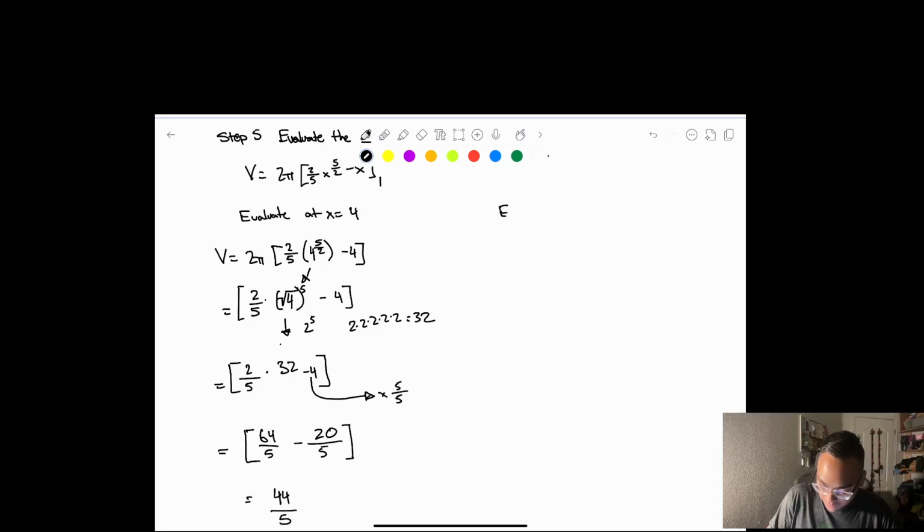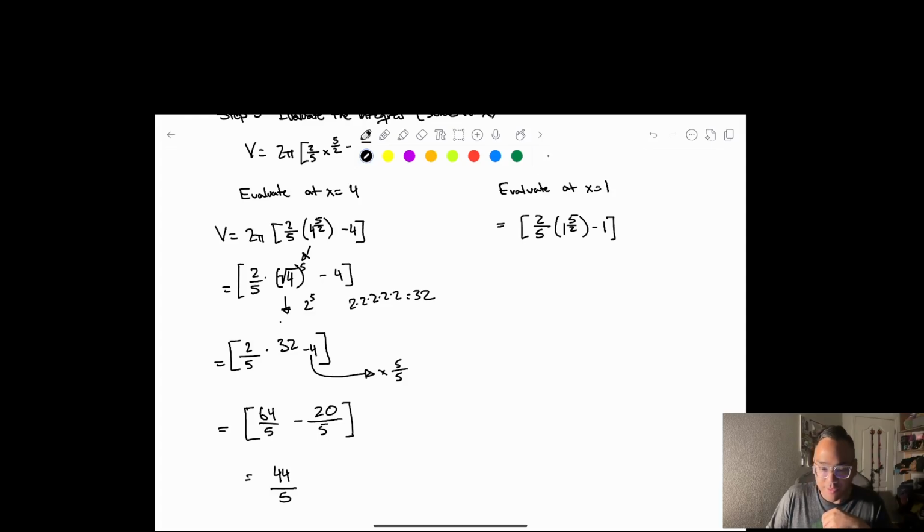And then we have to evaluate at x is equal to 1. So the same thing, but it becomes so much easier. Sorry, my allergies are acting up. 1 raised to the 5 over 2. I'll give you a hint. It's going to be even simpler. It's not as easy as 0, but the square root of 1 is always 1, right? So the square root of 1 is equal to just 1. And then if you raise 1 to the 5th power, it just becomes 1.